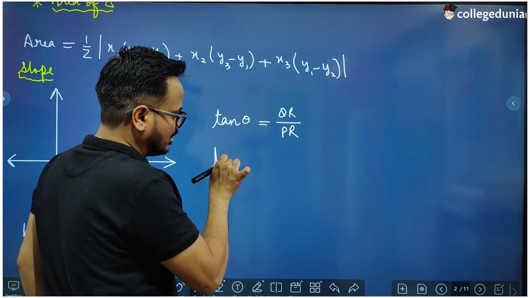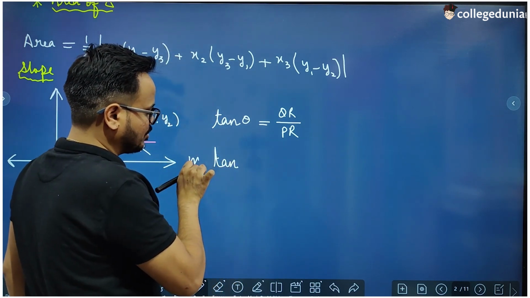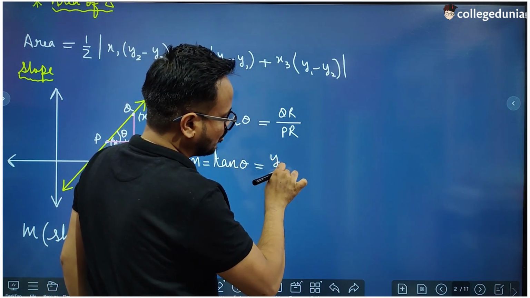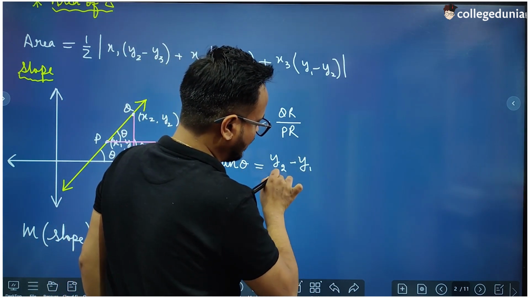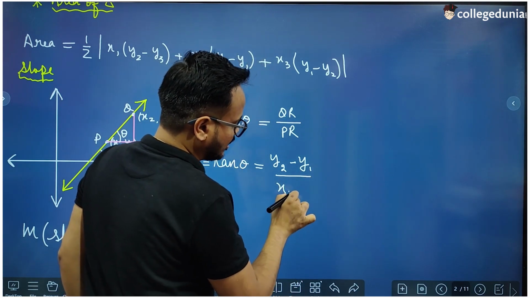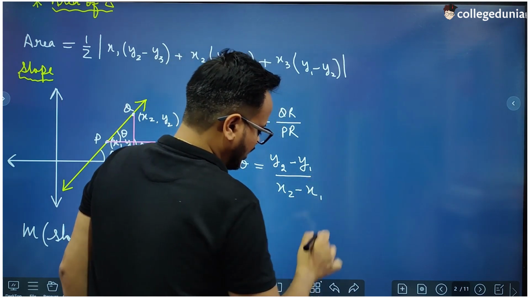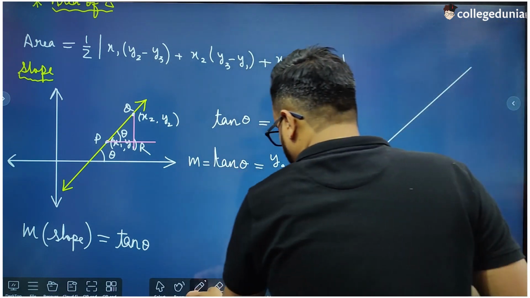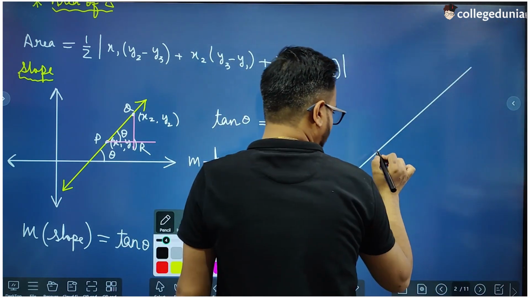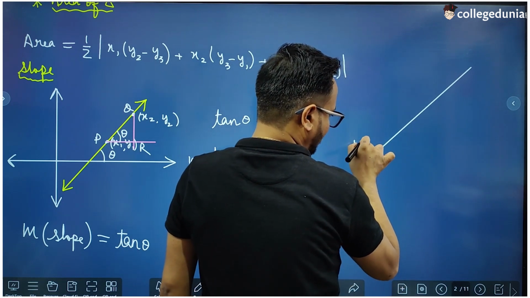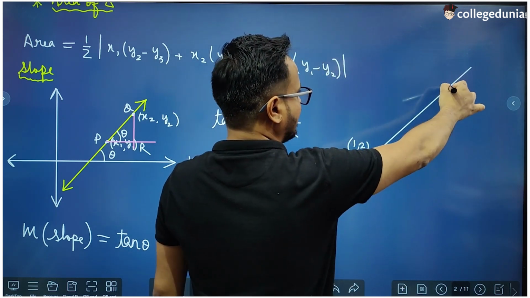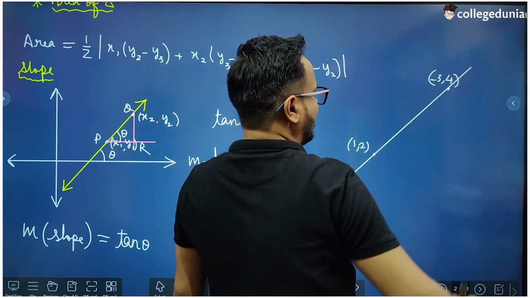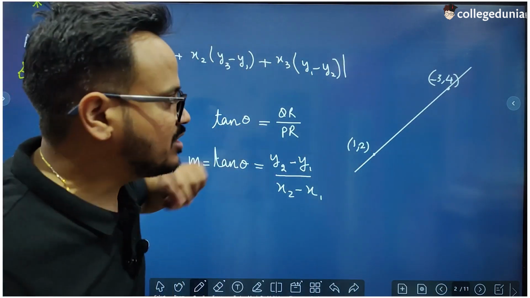So tan theta, which is the slope of a line, is simply y2 minus y1 divided by x2 minus x1. So if 2 points are given on the line, suppose this is a line and 2 points are given on this line, suppose 1 comma 2 and another point, suppose minus 3 comma 4, and we have to find the slope of this line.